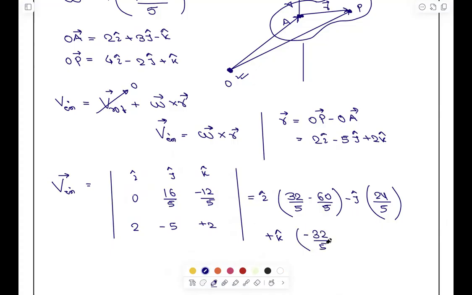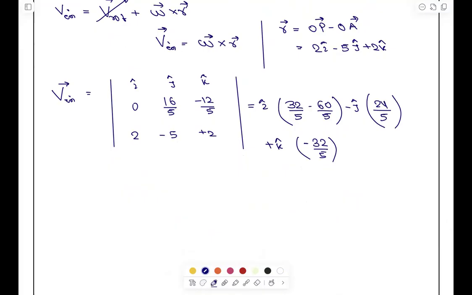So you got the answer. V inertial, that we have to find out, is coming out to be minus 28 by 5 I cap minus 24 by 5 J cap minus 32 by 5 K cap. This is the answer they have asked.